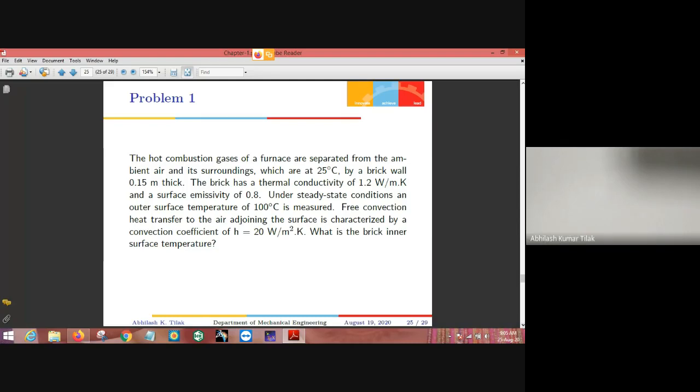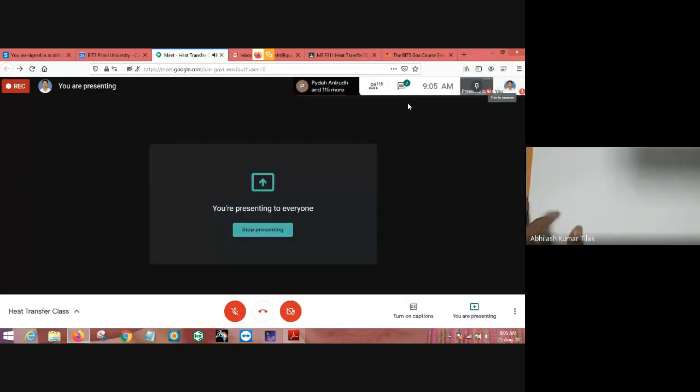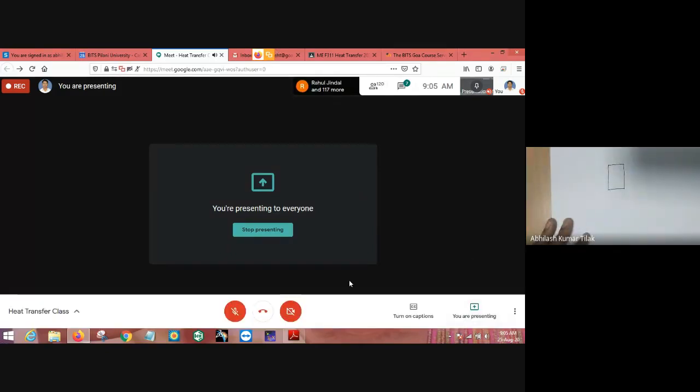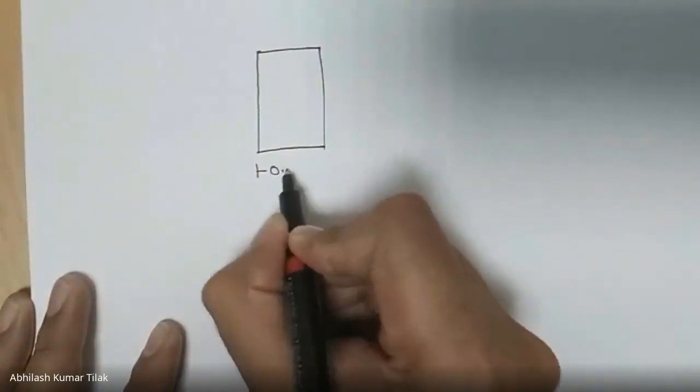So if we draw it here, there is a brick wall, and it is 0.15 meter thick.